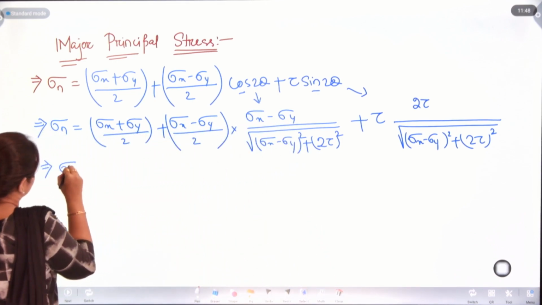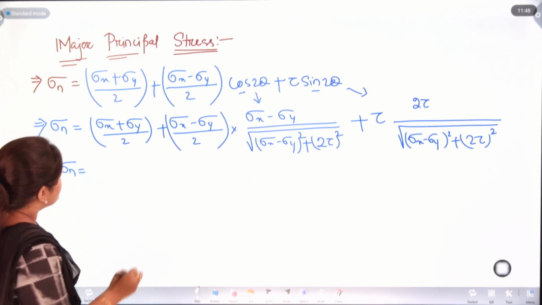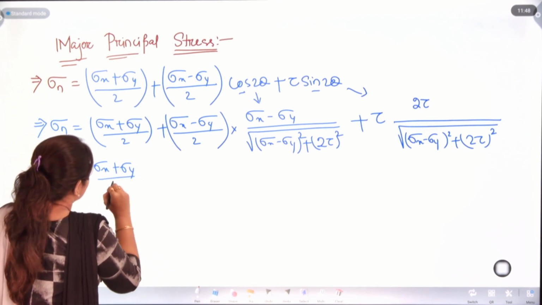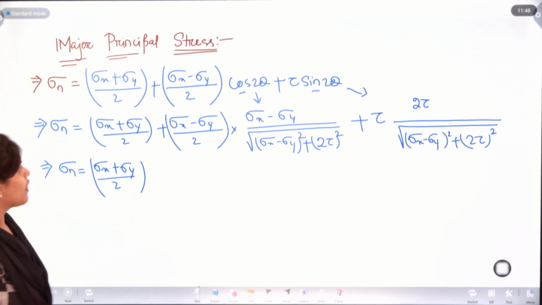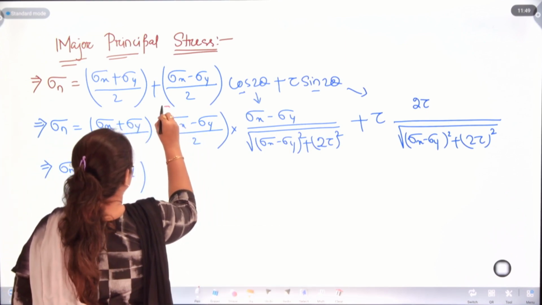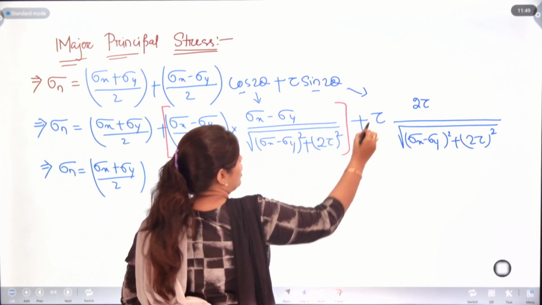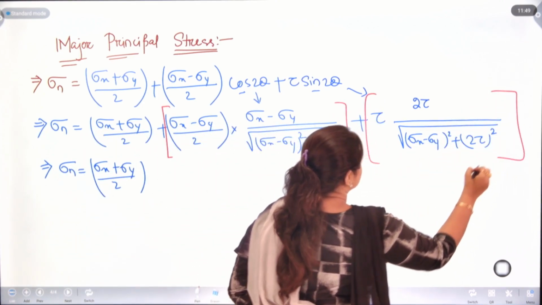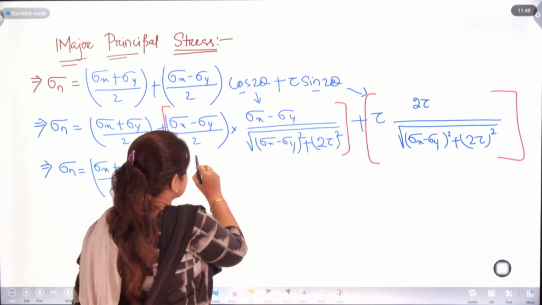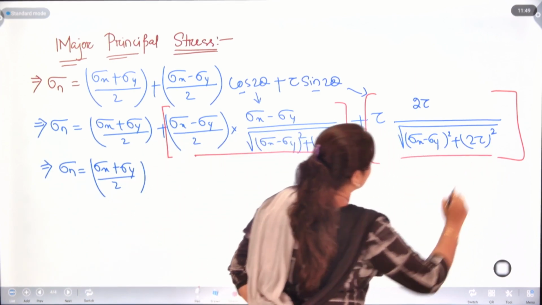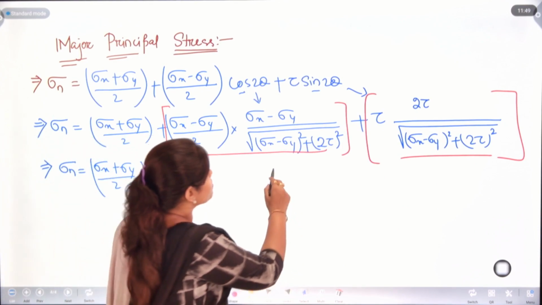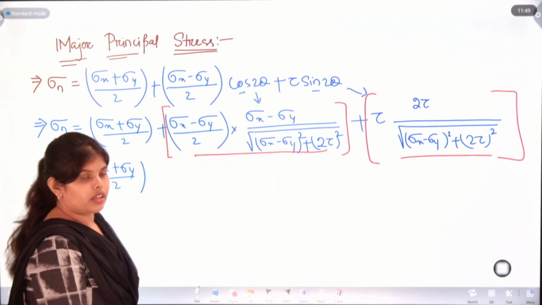So sigma n equals to sigma x plus sigma y by 2, and then, taking the LCM as 2 into root over of sigma x minus sigma y square plus 2 tau square, right?